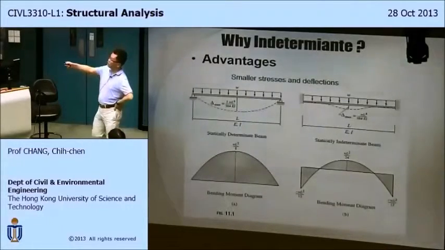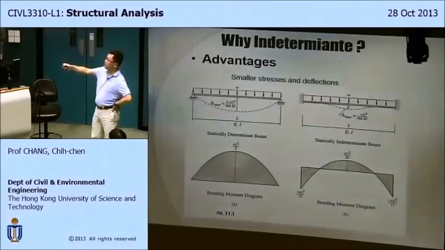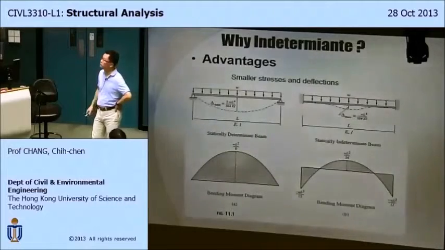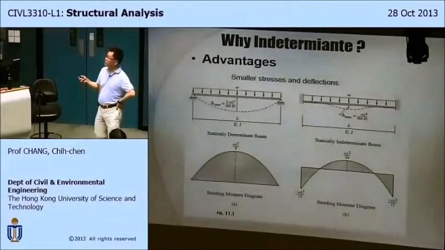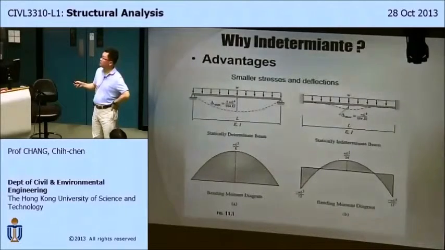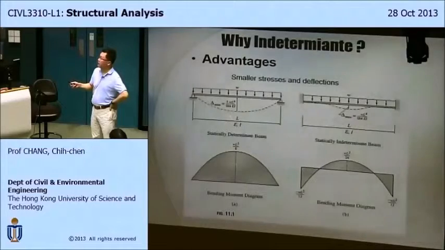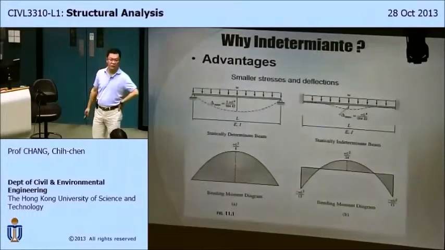So why do we want to have a clamped beam instead of a simply supported beam? The reasons are obvious. The deformations will be smaller. For instance, under the same loading, the maximum deformation for the simply supported beam will be this much, and for the clamped beam will be this much. So only 1/5. Deformation is only 1/5.